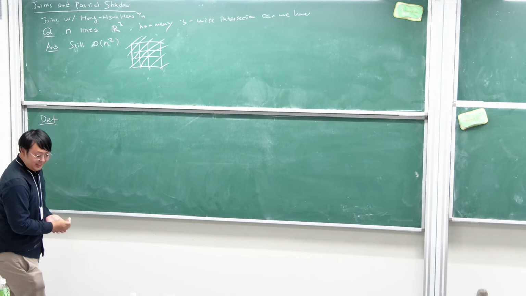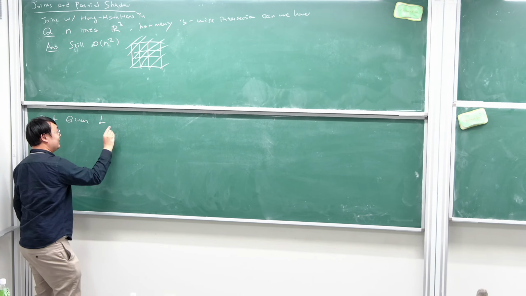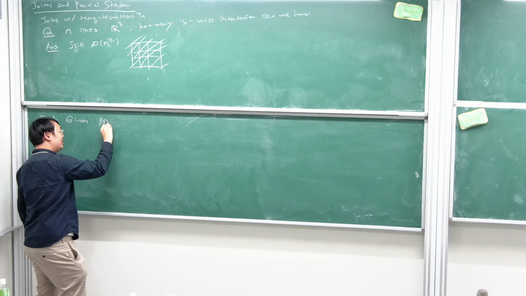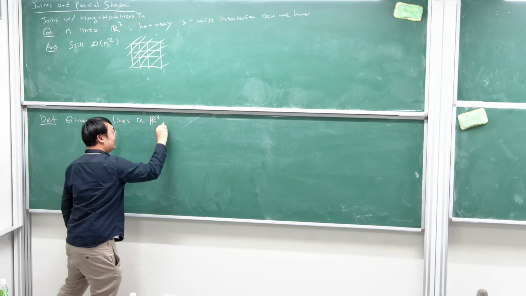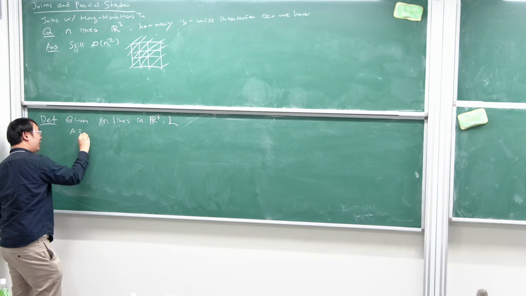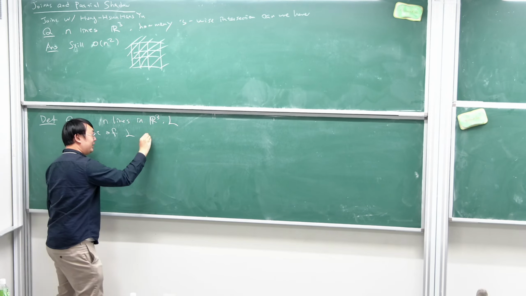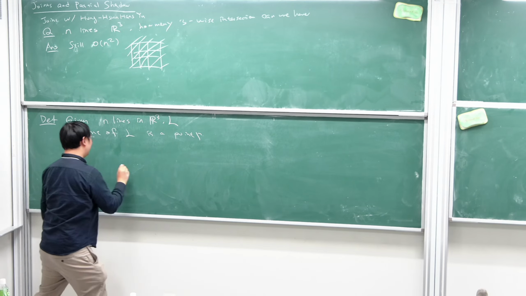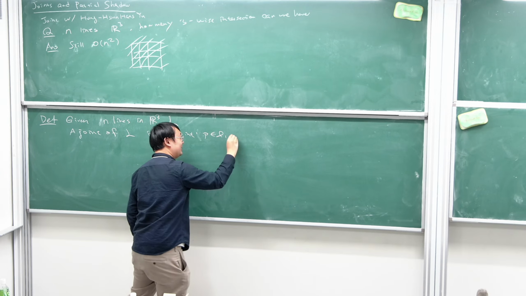So if I give you a set of lines L in three-dimensional space, a joint of L is just a point P such that it lies on three lines in L.